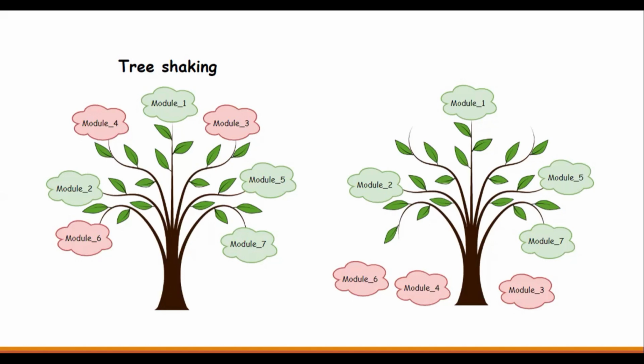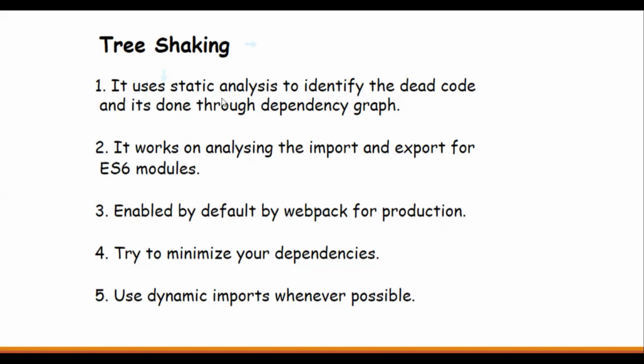When the process of tree shaking comes into the picture, we need to take care of some important points. So let's discuss those now. First point: it uses static analysis to identify the dead code, and it's done through the dependency graph. That means whenever we set the entry configuration, Webpack goes through all the entry points, then goes through all the required dependencies, creates the dependency graph, and then tree shaking uses this graph to remove the dead JavaScript.